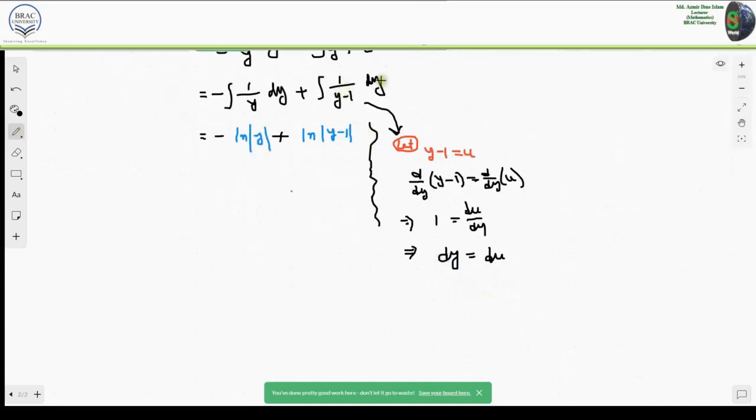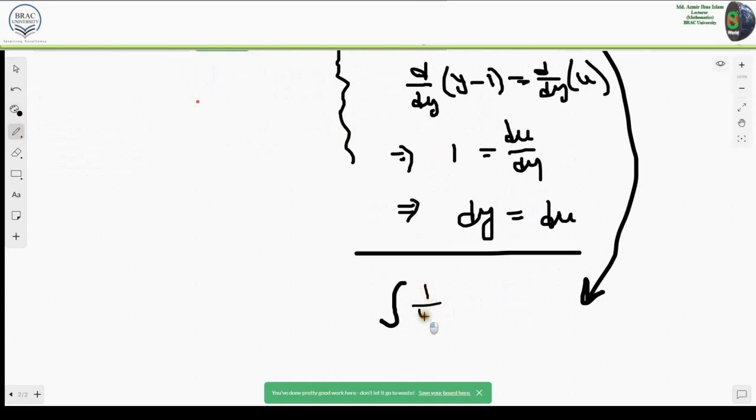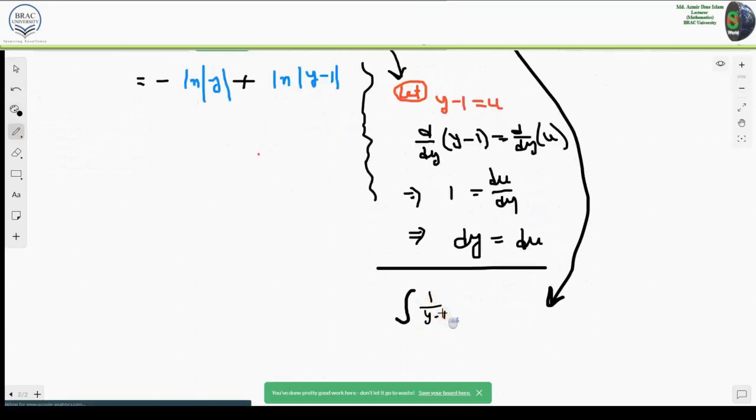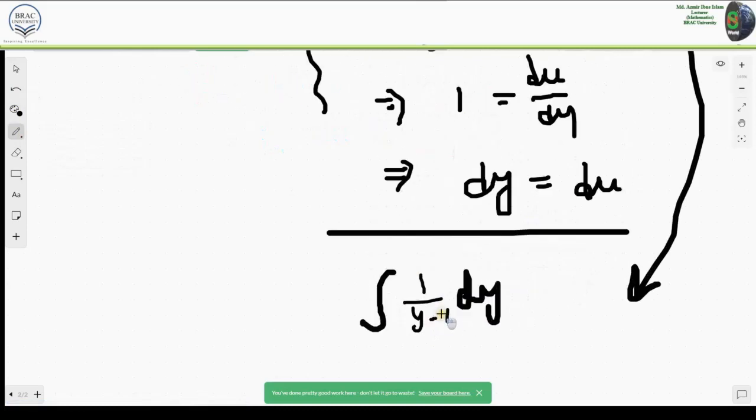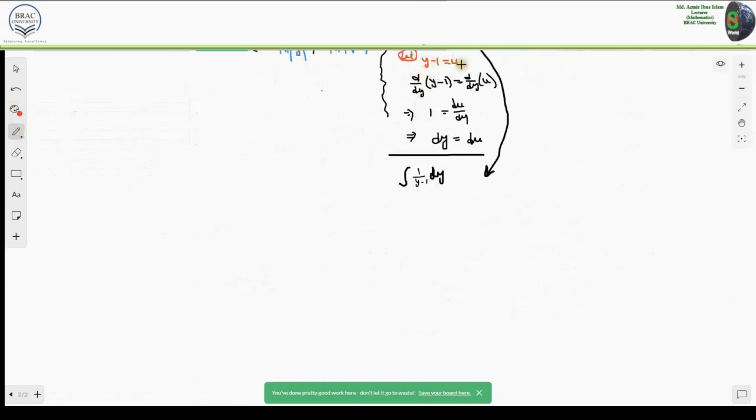So this integral can be written as integration of 1 over y minus 1 dy. Instead of this one, now we can use u, that is all y will be converted to u, so dy will be converted to du.